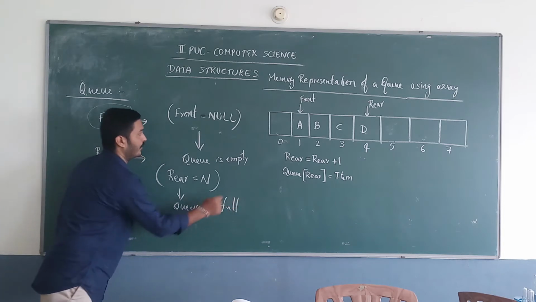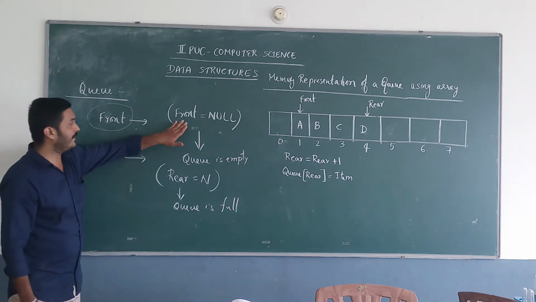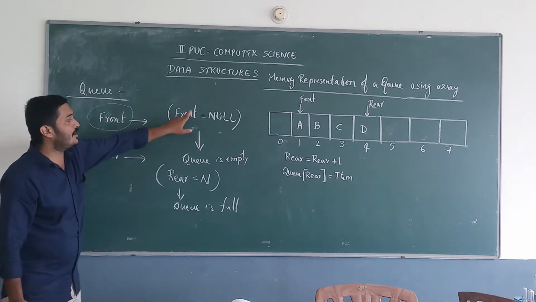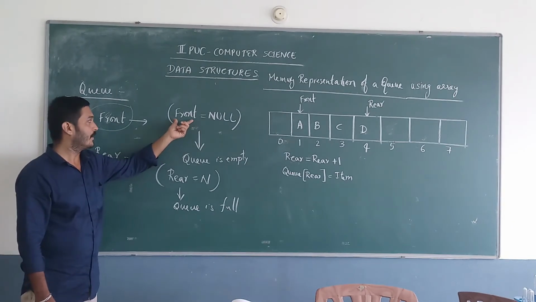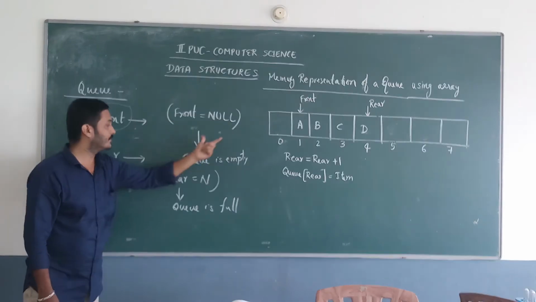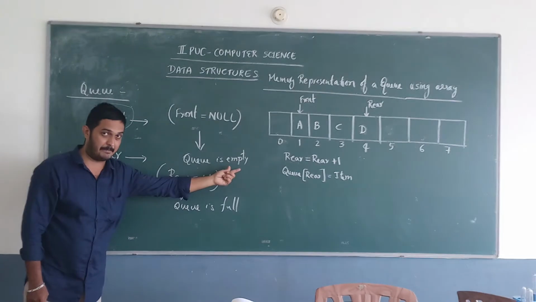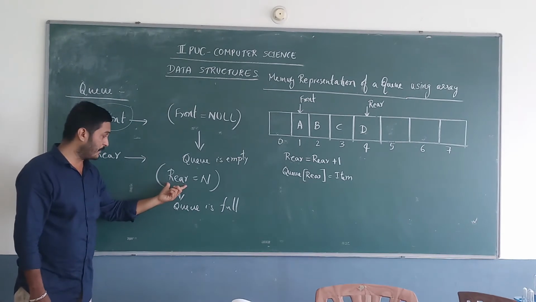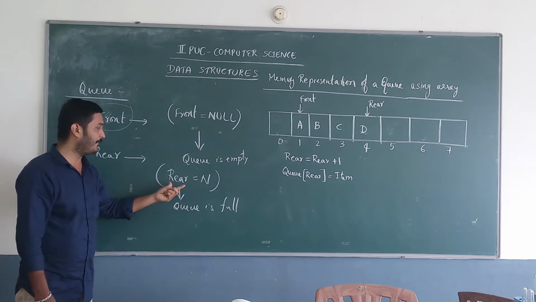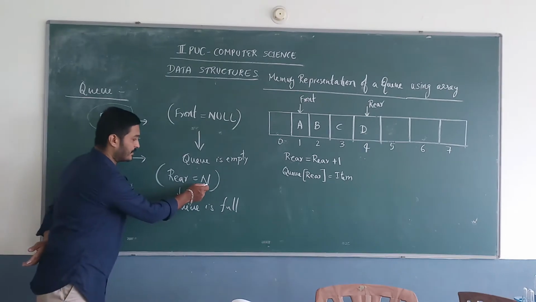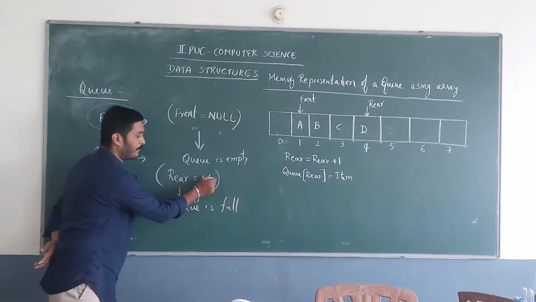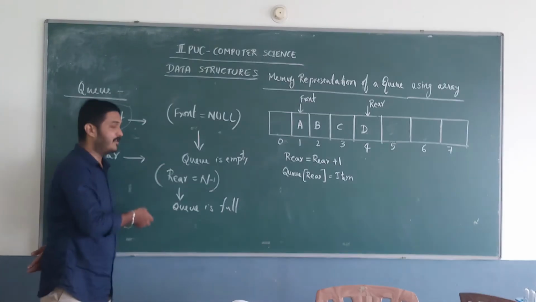The first condition we need to check is front equal to null. If front is a pointer variable pointing to null, that indicates the Queue is empty. Another pointer variable is rear. If rear equal to n, that is, if it is pointing to the last location, or sometimes we use n minus 1 in case the index value starts from 0.